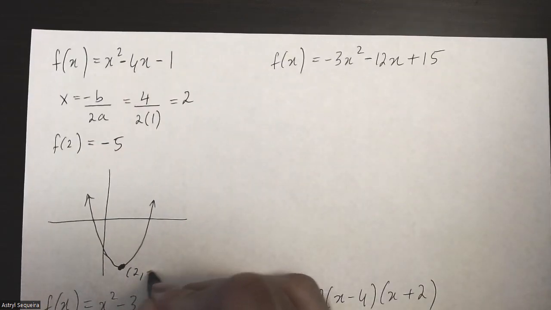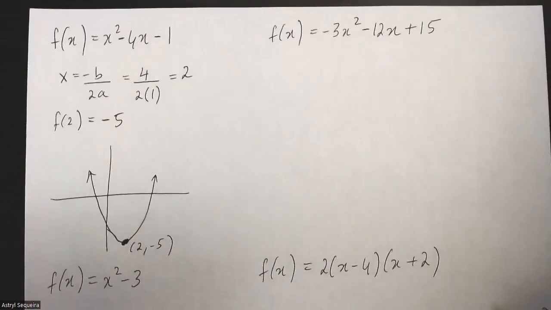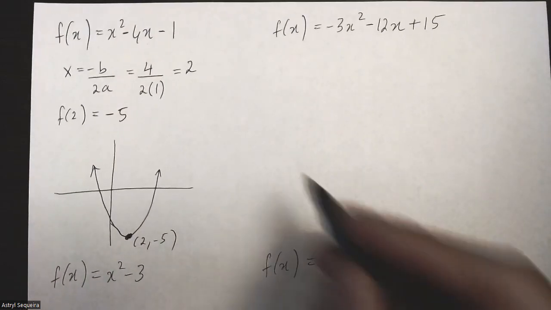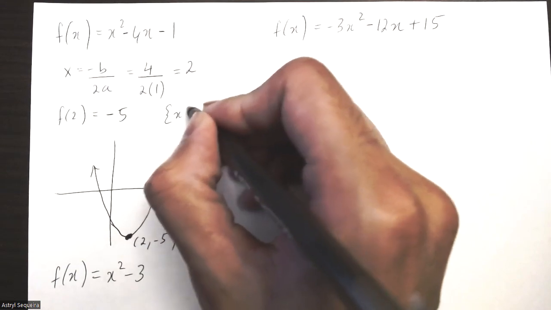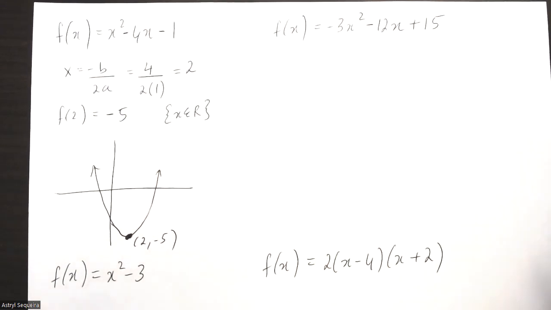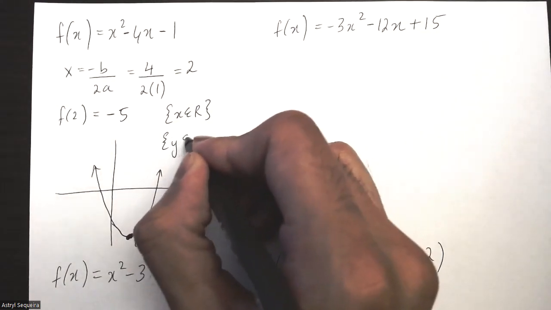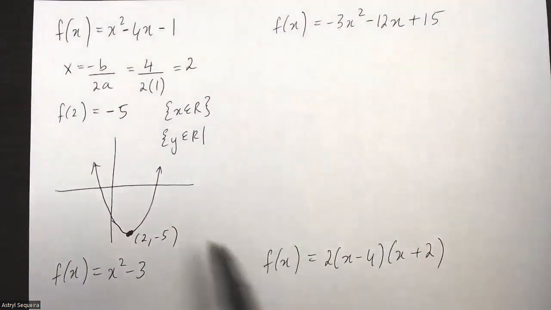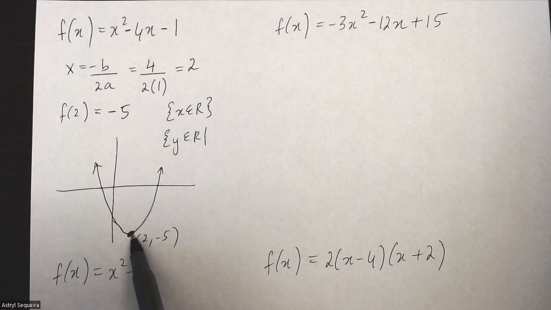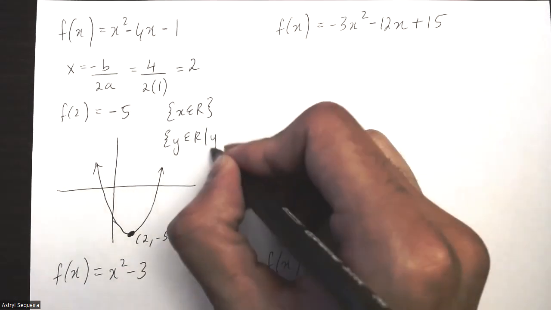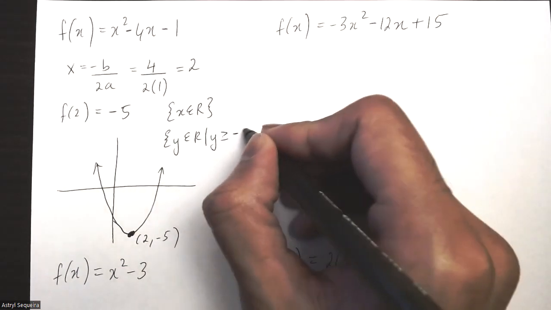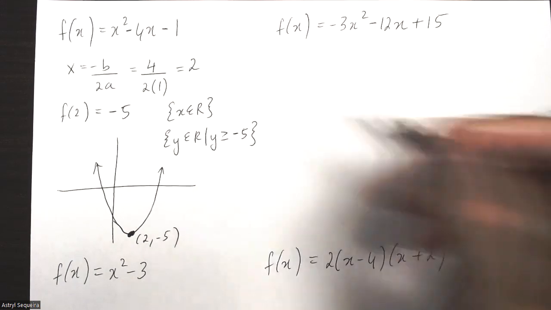This point is 2 and -5. So now I can do my domain and range based on this diagram. My domain, like I mentioned, is always all real numbers for quadratic functions. My range is y is an element of all real numbers, and since it opens up, y is greater than or equal to -5.